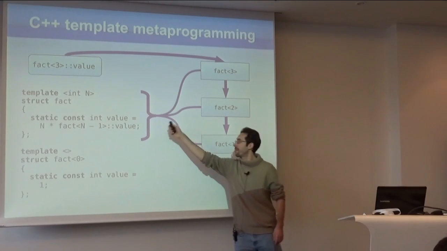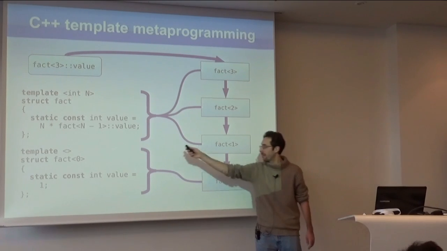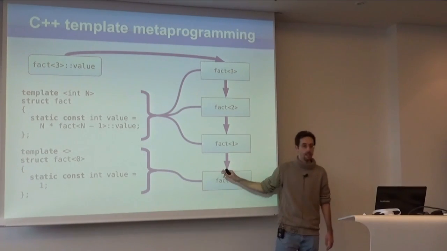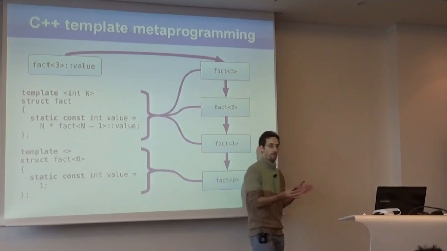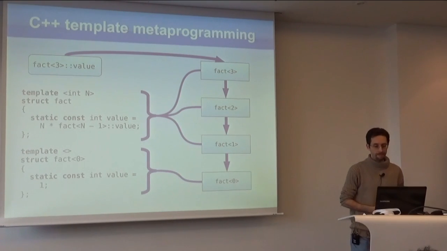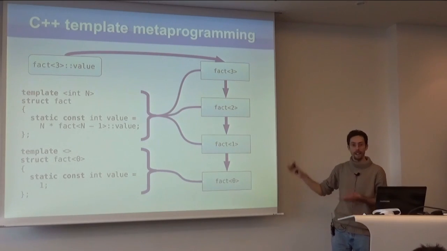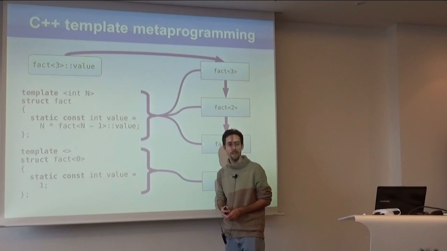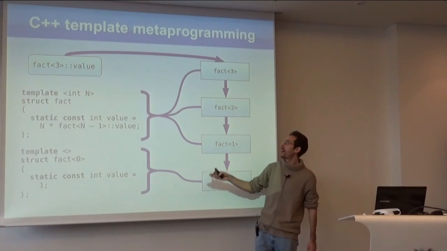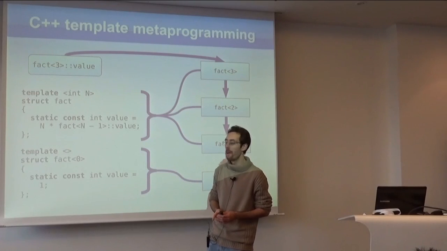These all use the generic form, and when it instantiates factorial with 0, then it will use the specialization. This will stop recursion, and these things will be constant expressions, so they will get evaluated. So that's the basic idea behind template metaprogramming, and it's great for calculating factorial and Fibonacci at compile time, which is something you might use constexpr functions for in C++11.